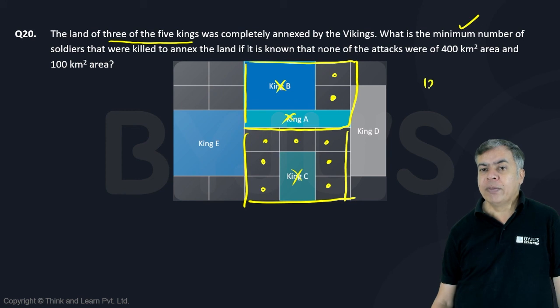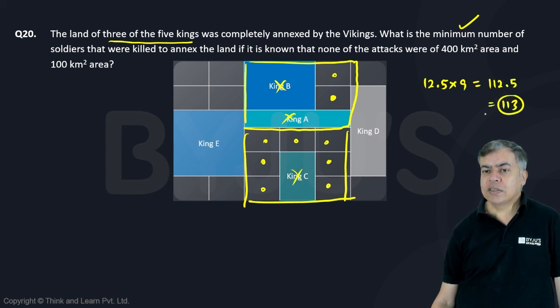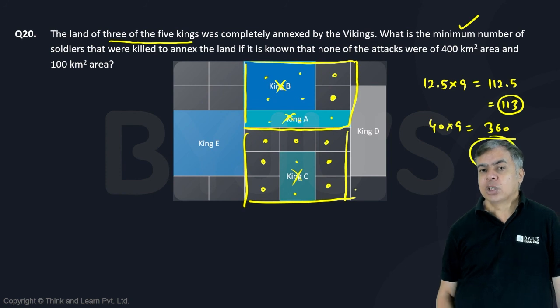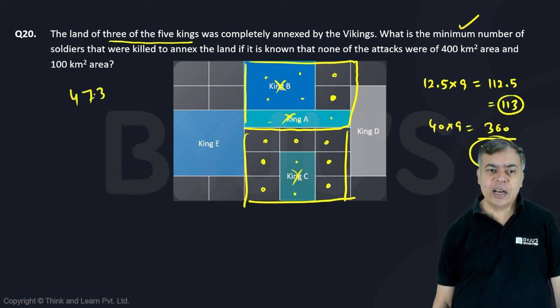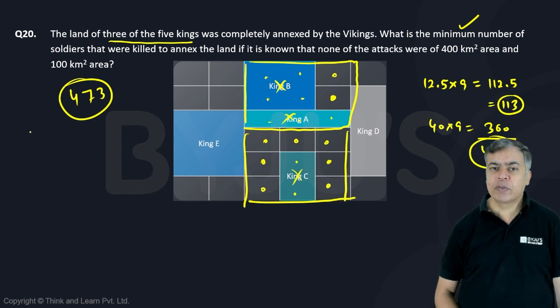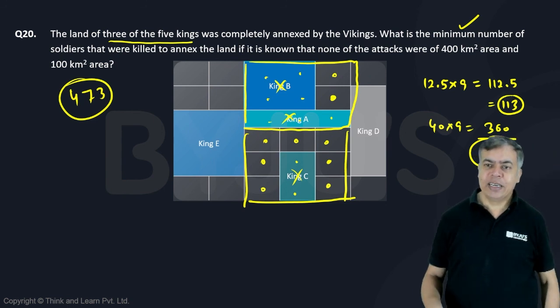All unoccupied will be at the rate of 12.5, which will be 12.5 into 9 is 112.5, which I will say 113 soldiers. And for occupied 1, 2, 3, 4, 5, 6, 7, 8, 9. 9 will be occupied at the rate of 40. So it will be 360 plus 113, 473. So 473 would be my answer. The minimum number of soldiers killed would be 473.